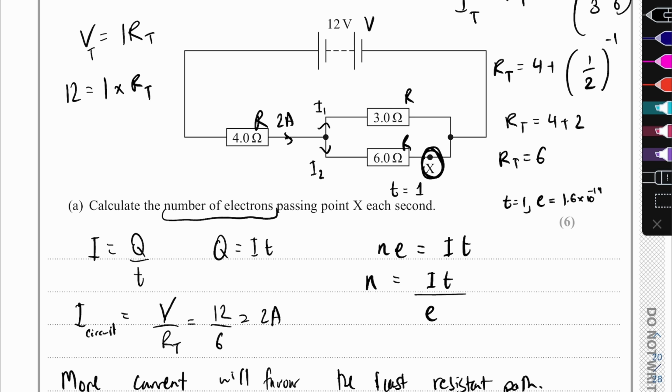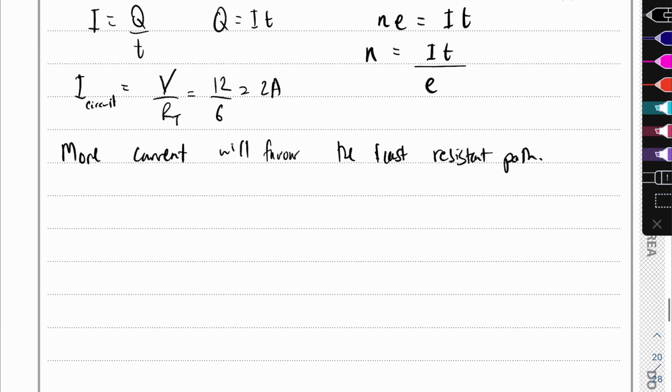Because the resistance is less by a factor of 3, we can say that 2/3 of the current will be here, and 1/3 of the circuit current will be here. Now because of this, we can say that I at X will be 1/3 multiplied by 2, which is 2/3.